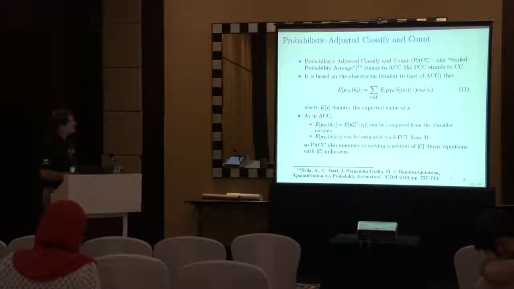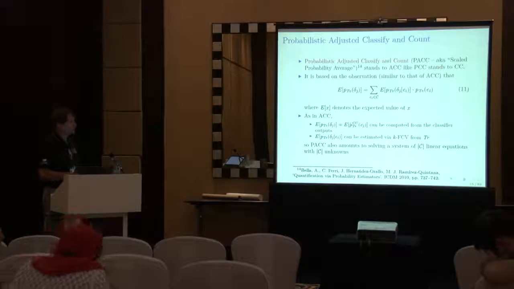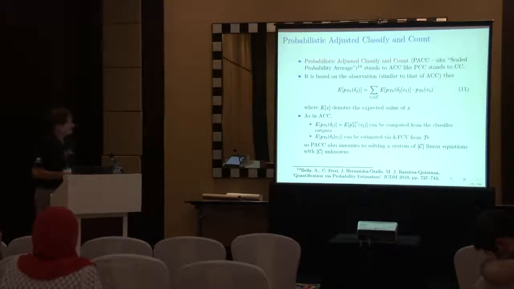Probabilistic adjusted classify and count stands to adjusted classify and count, which is the method we have just discussed, like probabilistic classify and count stands to classify and count. It's essentially the same method we have seen, except that instead of misclassification probabilities computed on binary data, we take the expected value computed from the original posterior probabilities.